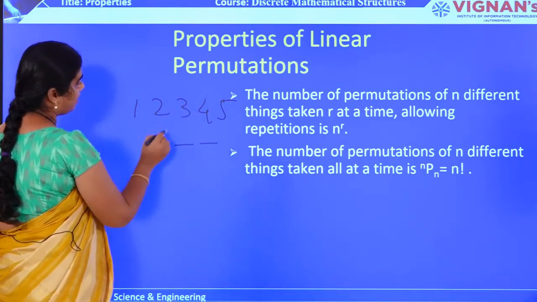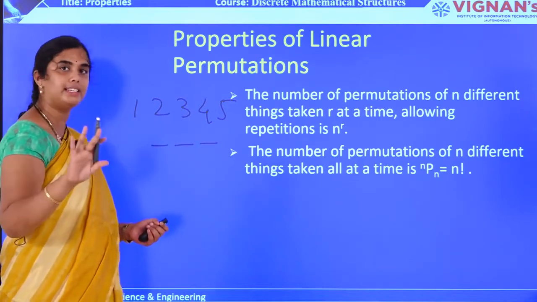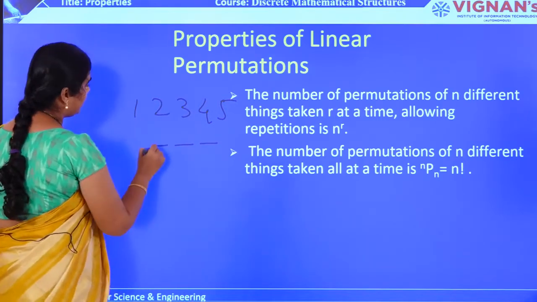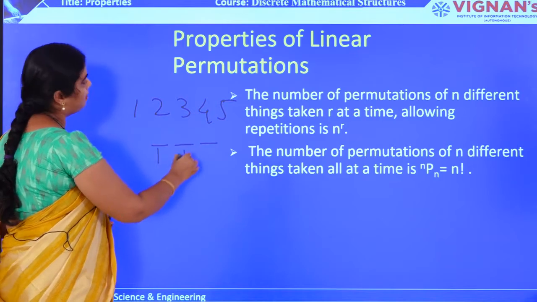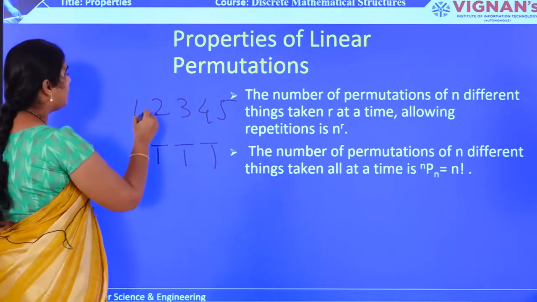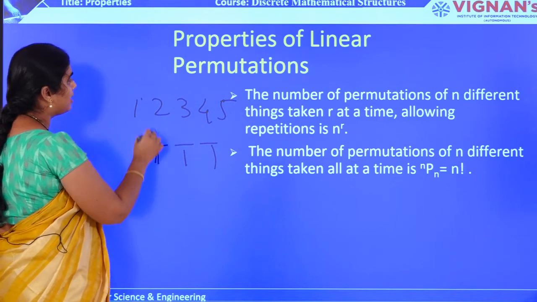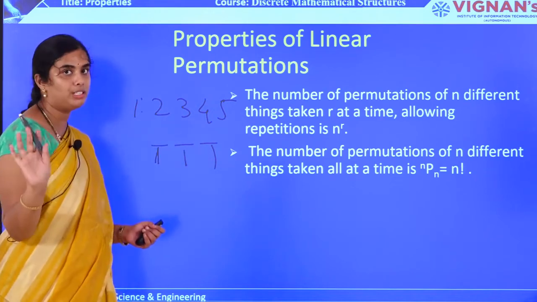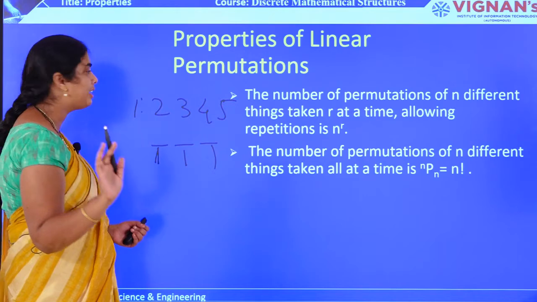And repetitions can be allowed. That means here 1 can be placed, here 1 can be placed, or here 1 can be placed. It can be any number. It's not like, okay, I have already placed 1 here, so I can't take 1 over here. It's not like that. I said the repetition can be allowed.